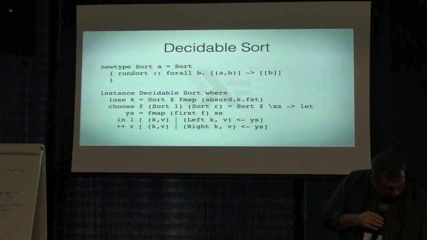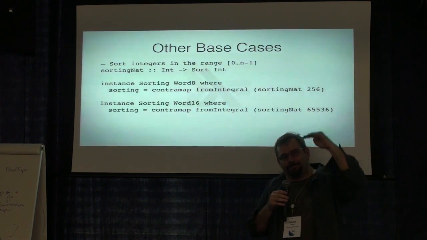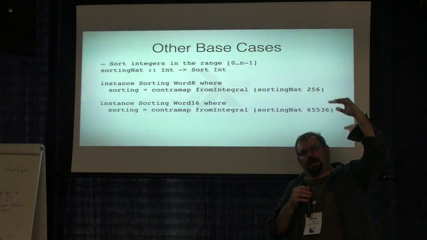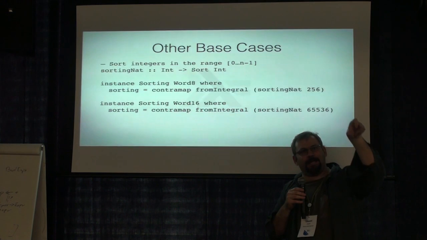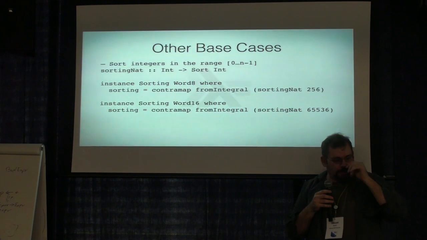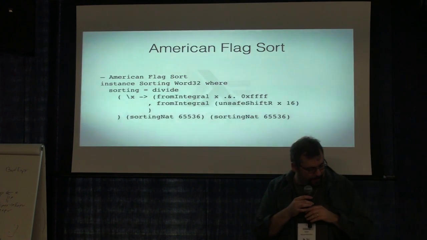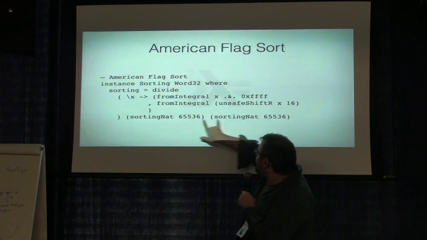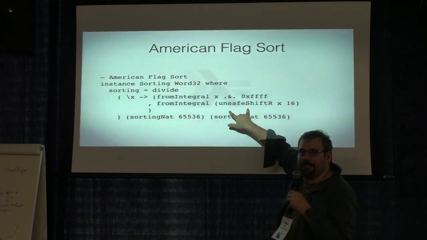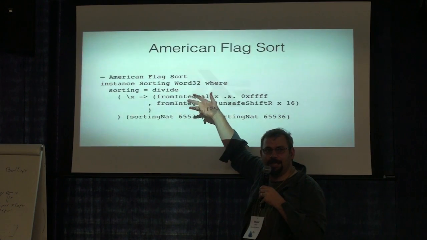Well, when I go to deal with larger integers, it's probably better for me to deal with 4 things from the bottom up than it is for me to deal with lots of little sorts from the top down. So instead of doing the American flag style sort, I actually want to locally do a Radix sort. So here, to do the Word32 case, what I would do is I'm going to do the 65,000 case twice, but I'm going to break it out into the least significant bits and then the next most significant bits. So I'm going to divide into the less significant bits and then the more significant bits and then discriminate that way.